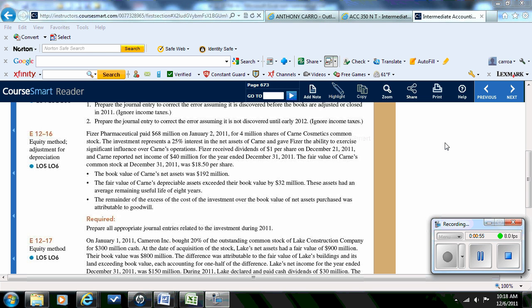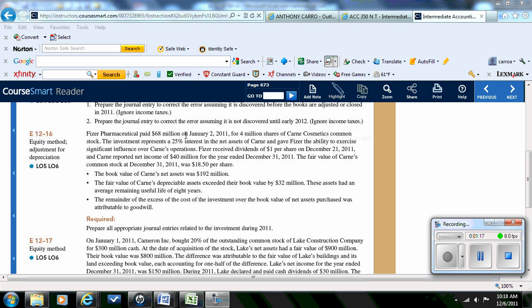In this case, Pfizer is paying $68 million. They are buying, in essence, a quarter of Carney's net assets at fair value plus future discounted cash flows. That's what goes into the purchase price.